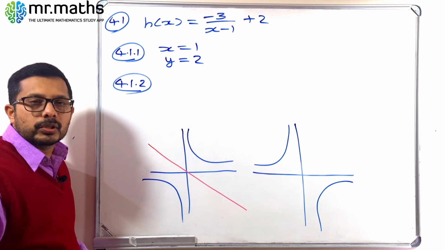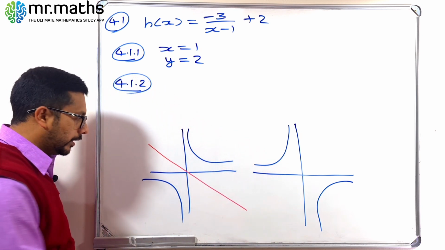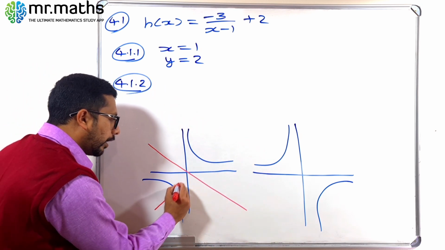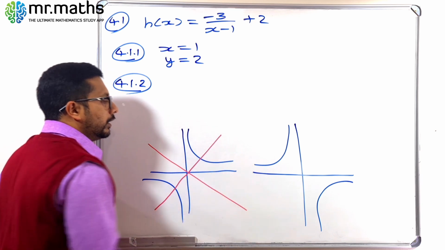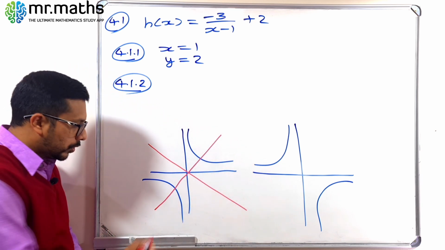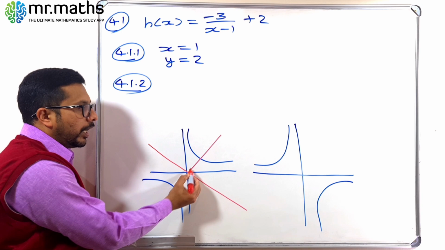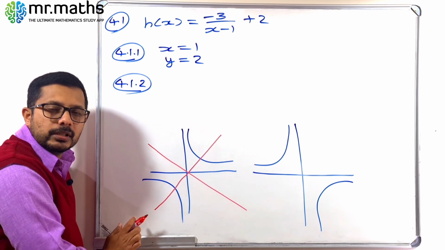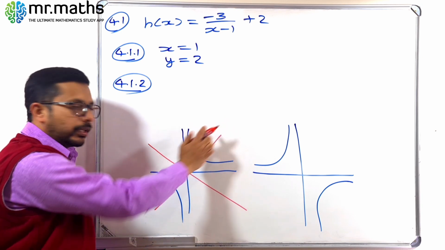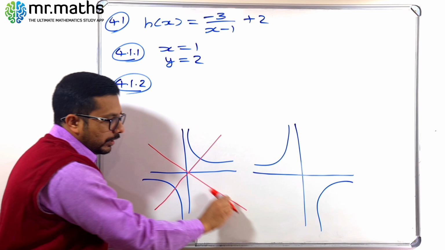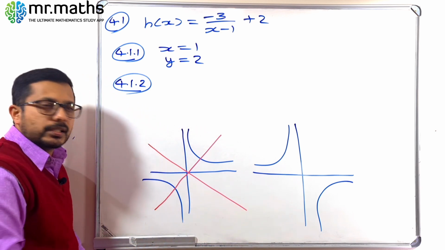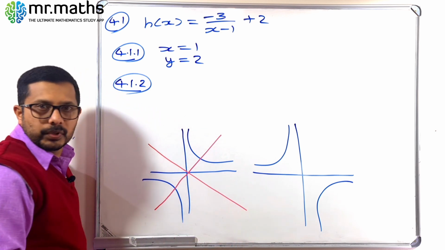This is the axis of symmetry having negative gradient, and this one is another axis of symmetry having positive gradient. Here you can see that this line is increasing, that's why it is a positive gradient. This line is decreasing, that is why it is the decreasing axis of symmetry.